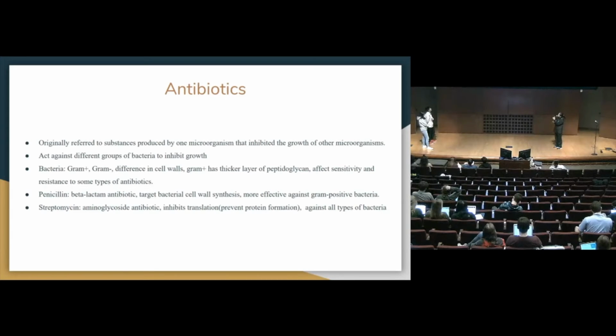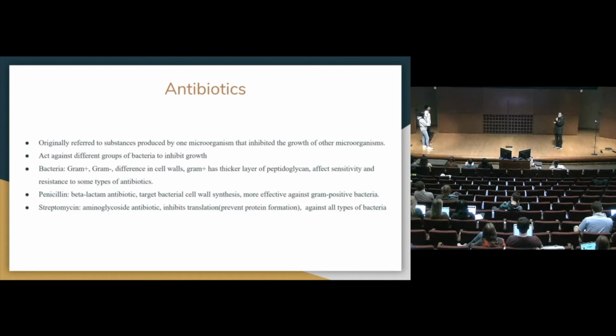There's a difference between their cell walls. The gram-positive bacteria generally have a thicker layer of peptidoglycan. This affects the sensitivity and resistance to some types of antibiotics.